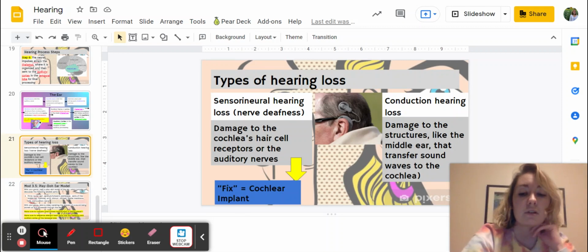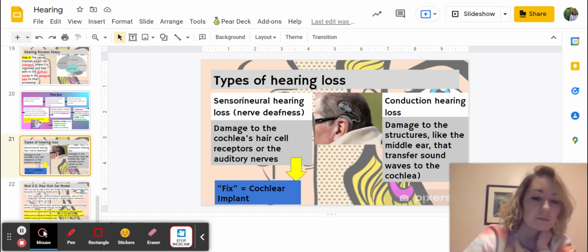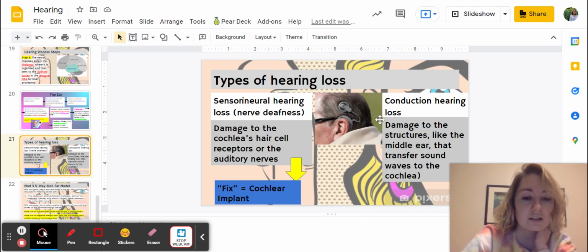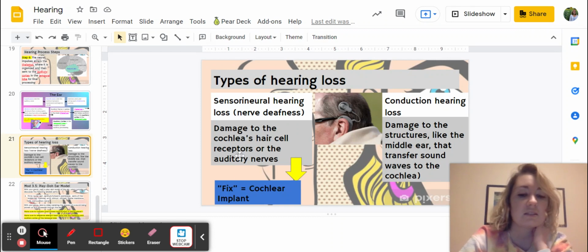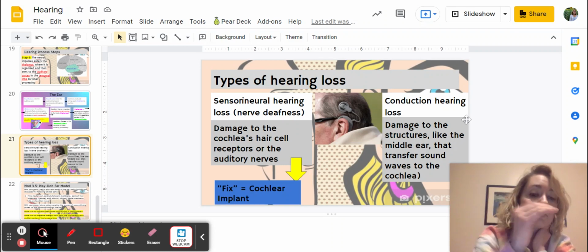If you've heard of the term cochlear implant, I have a picture here. This is where a cochlear implant could be used to try and help fix this issue and restore someone's hearing loss. Now, conduction hearing loss is different, whereas sensory neural takes place in the cochlea. Conduction hearing loss happens when there's damage or obstruction to structures in the outer or middle ear, like those three bones we talked about, hammer, anvil, stirrup, in charge of transferring sound waves into the cochlea.